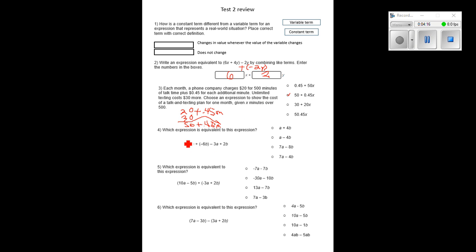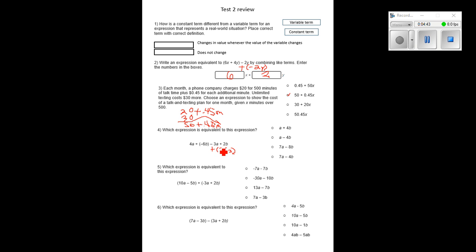Question number 4 says, which expression is equivalent to this expression? Once again, we got to combine like terms. I see that we're adding here, but we're not adding over here. So this will have to be a plus negative 3a. All right, let's go ahead and find the things that match.